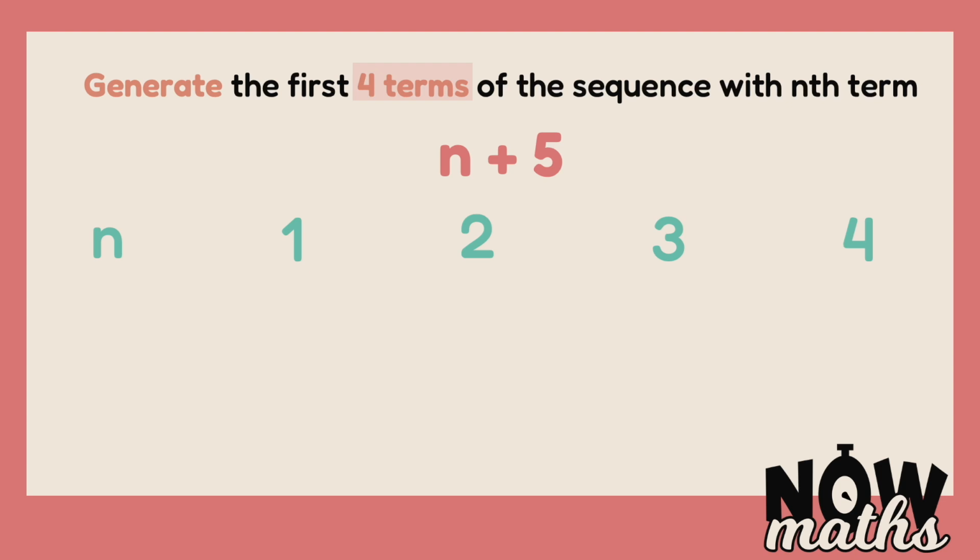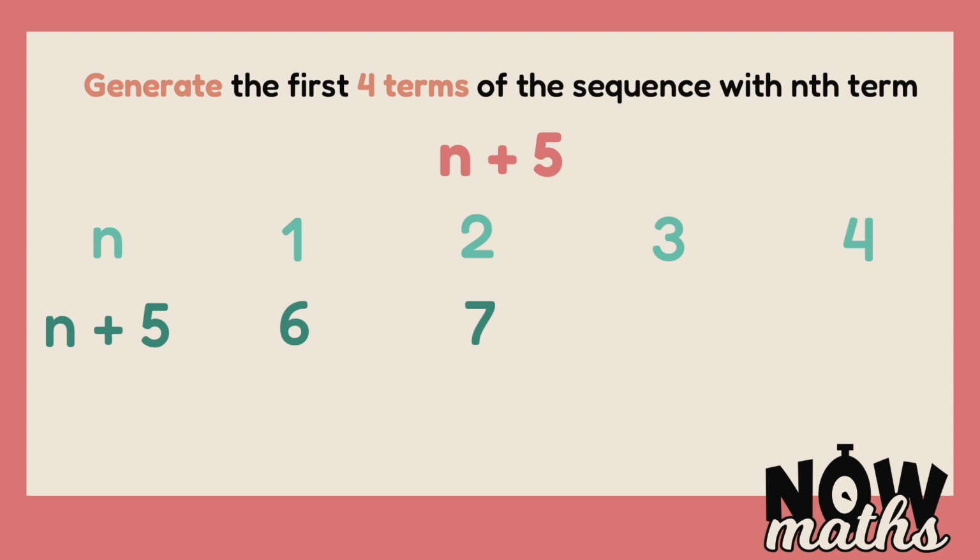Now, the sequence that we are trying to generate is the sequence of n add 5. This means that we need to substitute our values of n into n add 5 to generate the sequence. So when n is 1, n add 5 is 1 add 5 or 6. When n is 2, n add 5 is 2 add 5 or 7.